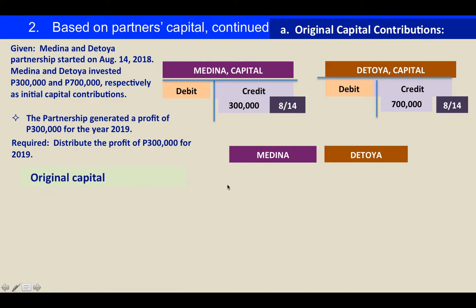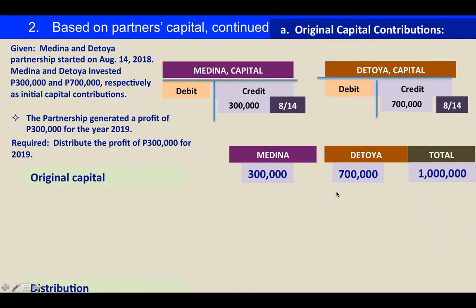Their original capital contributions are 300,000 for Medina and 700,000 for De Toya, for a total of 1 million. Now let us do the distribution. The ratio is 3 is to 7, based on original capital.